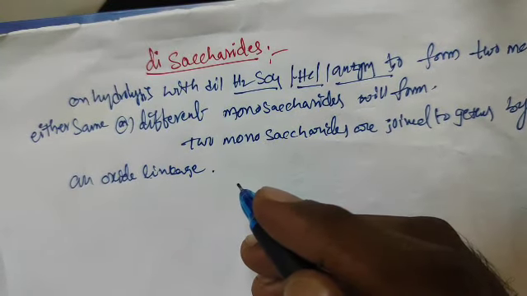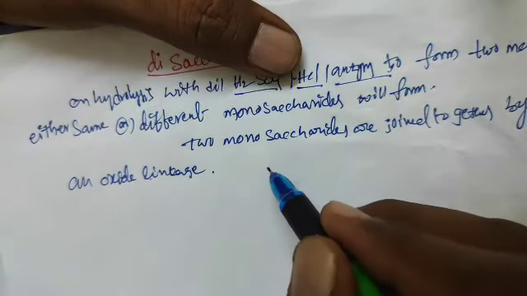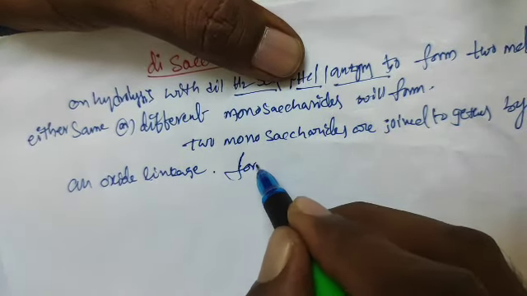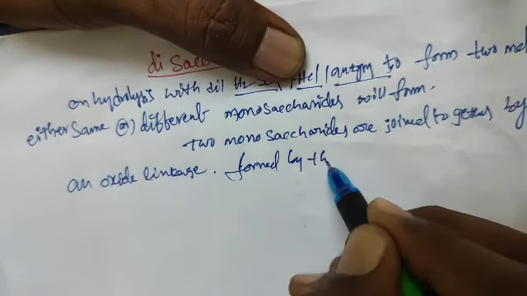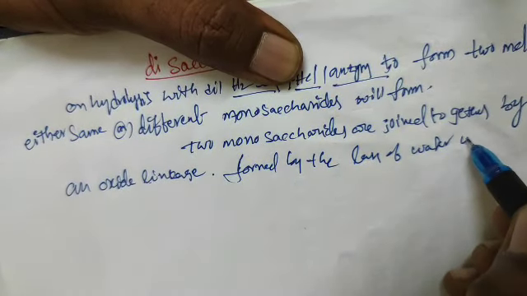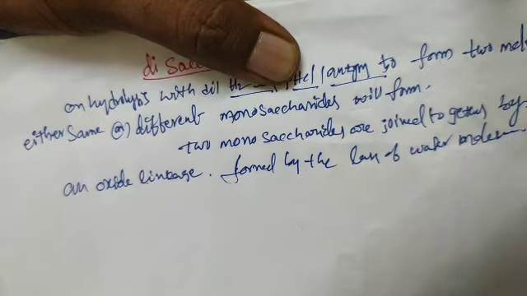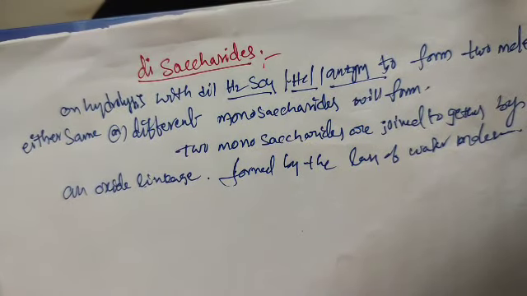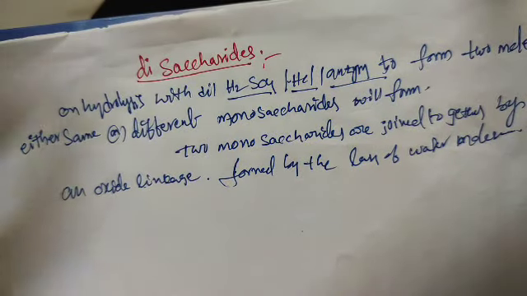This oxide linkage is formed by the loss of a water molecule. So two monosaccharides are joined with the loss of a water molecule.